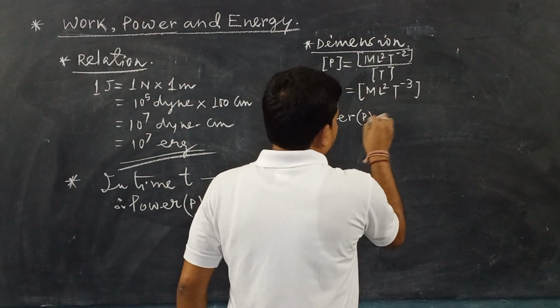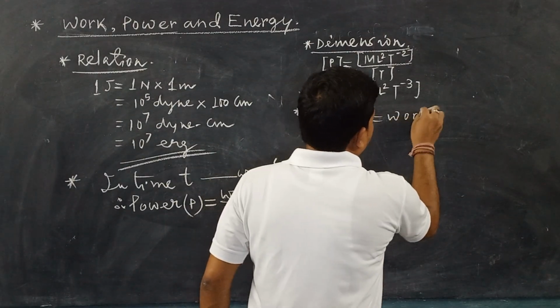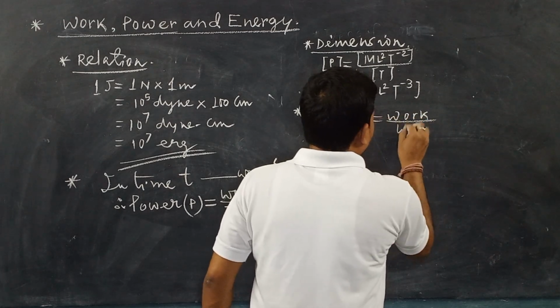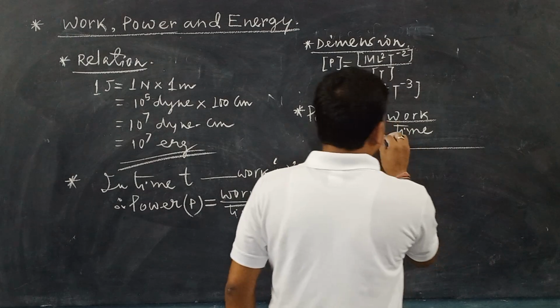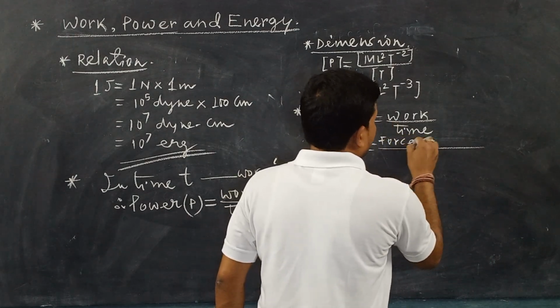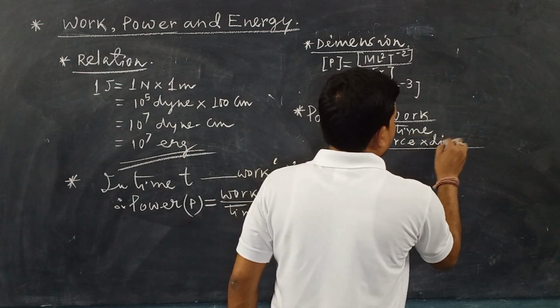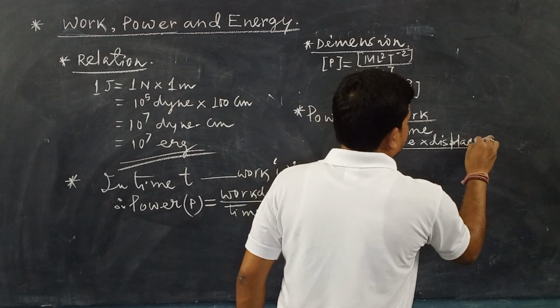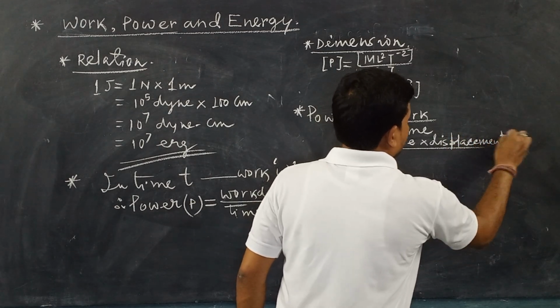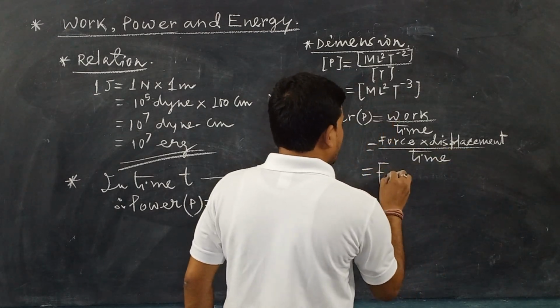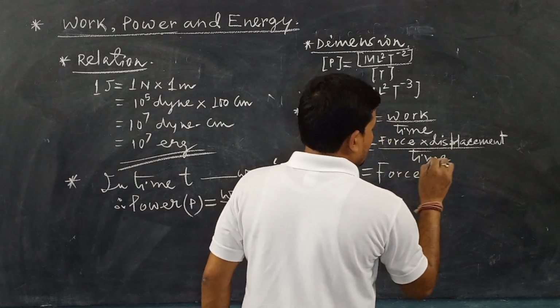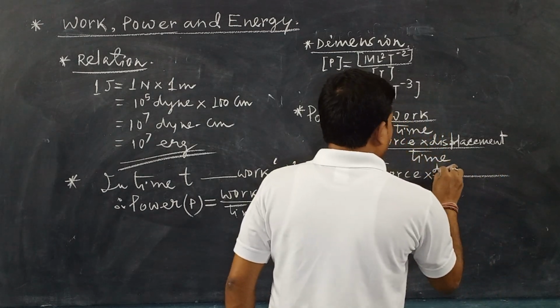Power P is equal to work by time. The work done is equal to force into displacement, divided by time. So we arrange this as force into displacement by time.